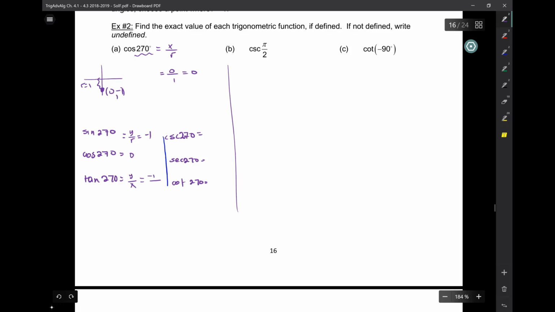Negative 1 over 0, okay, that's undefined. The secant is also undefined because it'll be 1 over 0. Cosecant will be negative 1. What about cotangent? 0 over negative 1? 0.